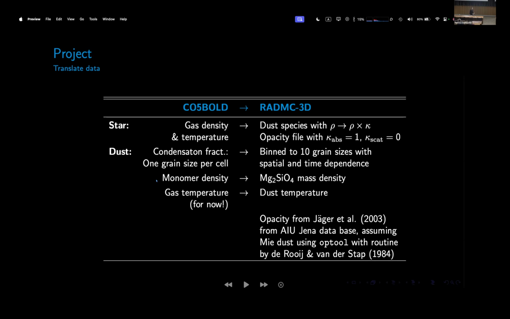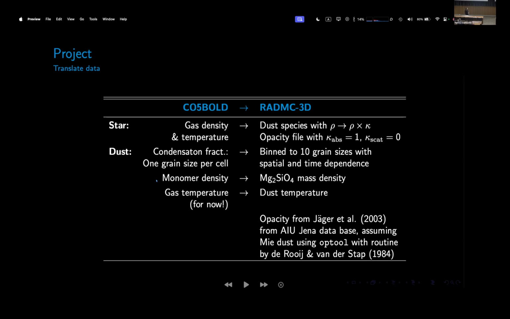So I have to forego this somehow, and the trick I'm doing is that I translate the gas data from Cobalt into a specific dust species, where instead of just having densities in each grid cell, I have the optical thickness in each grid cell, and I give it opacity data of just being 1 in absorption, 0 in scattering. So a simplification of the star.